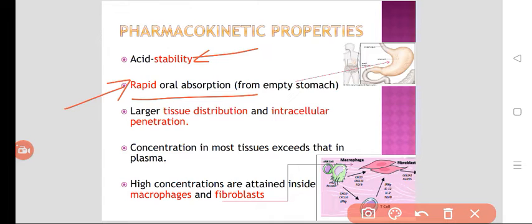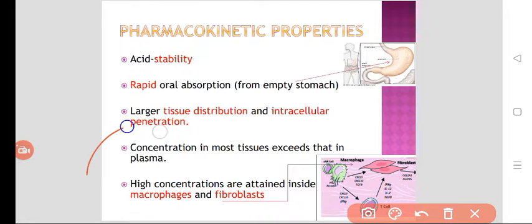Larger tissue distribution and intracellular penetration: it gets distributed widely throughout the body, and it also penetrates inside the cell. So the concentration in most of the tissues exceeds that in plasma. Tissue concentration is more than the plasma concentration.